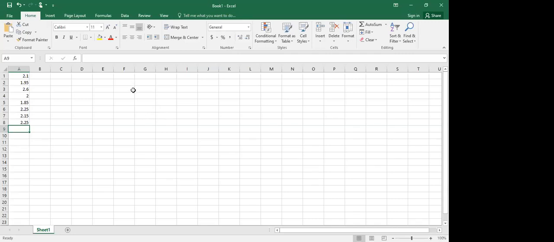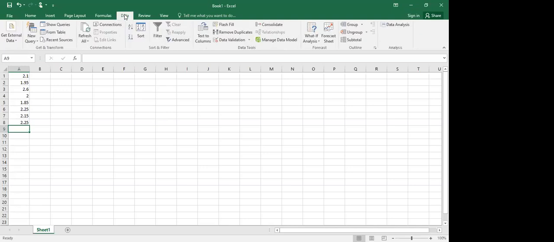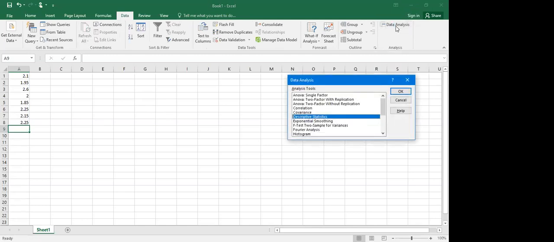If you have the data on Excel, now click on Data, and you will see to the upper right side of Excel, Data Analysis. You click on Data Analysis. If you don't see Data Analysis, let me know. I will help you to get it. Do you all see Data Analysis? Yes. So you click on Data Analysis, then you choose Descriptive Statistics. Then you click OK.